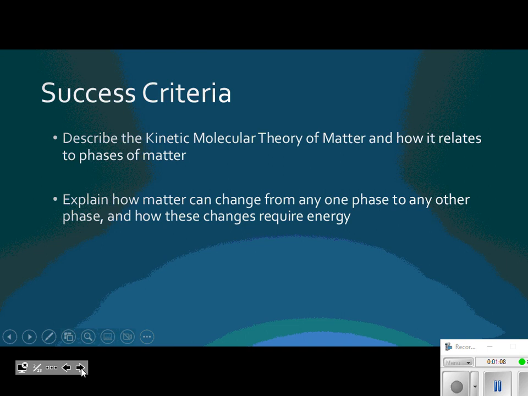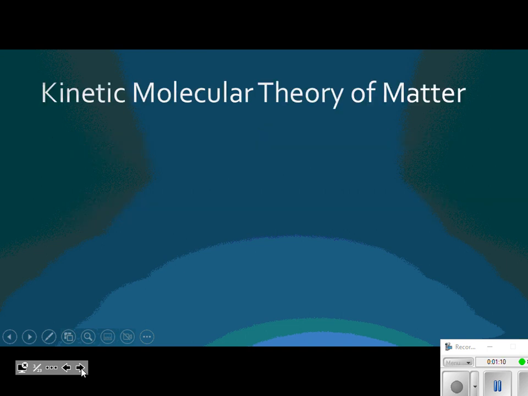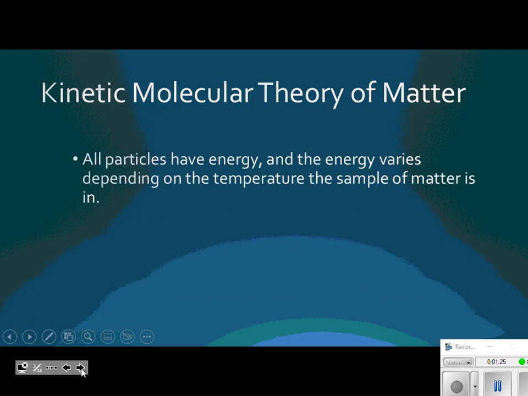So, when we start to talk about the kinetic molecular theory of matter, we're actually talking about the motion of the molecules or the motion of the atoms. All particles have energy, and the energy varies depending on the temperature of the sample of matter.